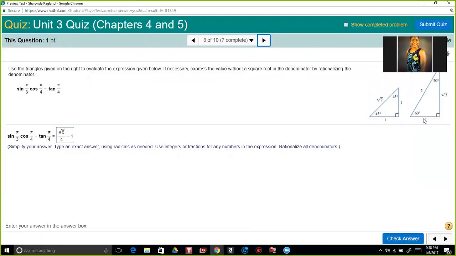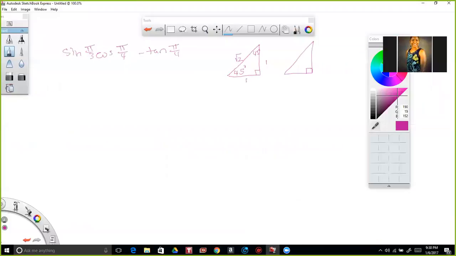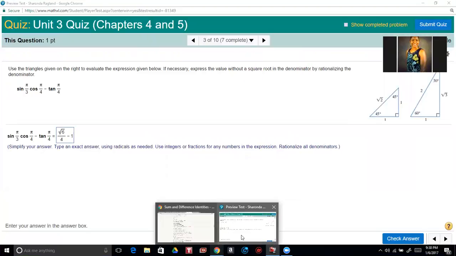All right, the second one is a 30-60-90 degree triangle, so 1, 2, square root of 3. Let's put that in. So we got 1, 2, square root of 3, and this is 60, and that's 30 degrees. Let me just back check, make sure.